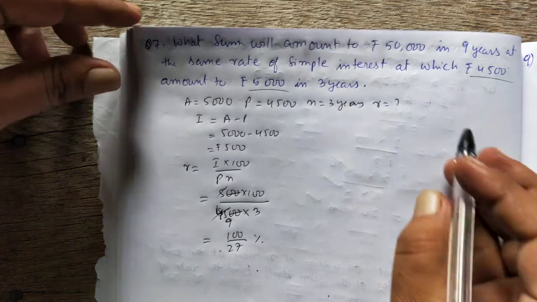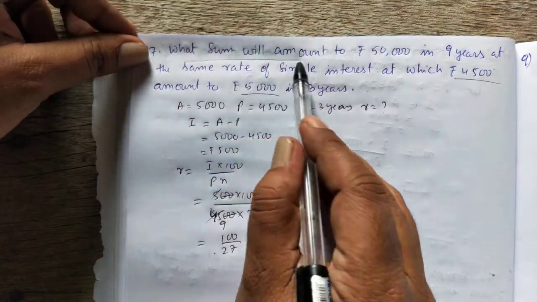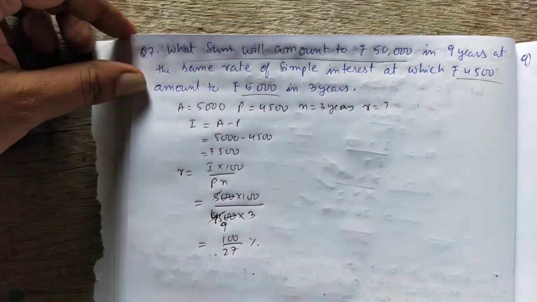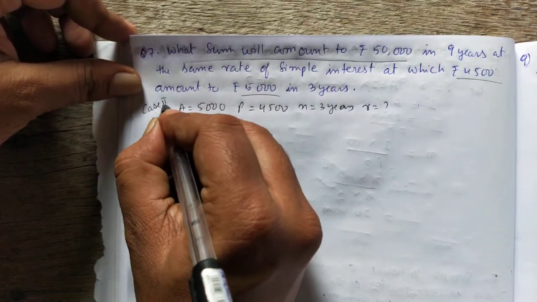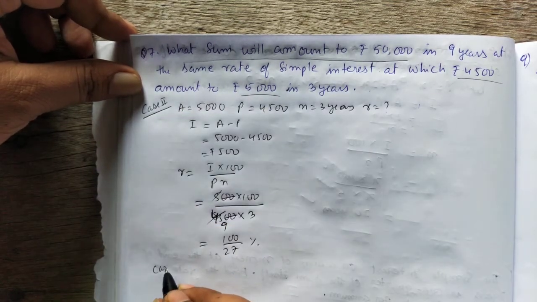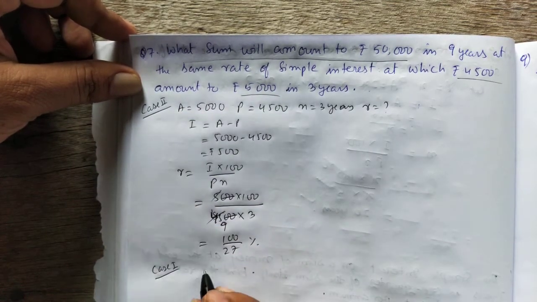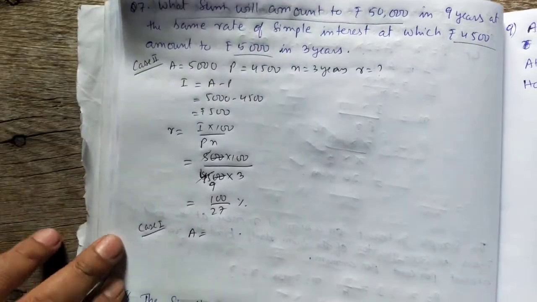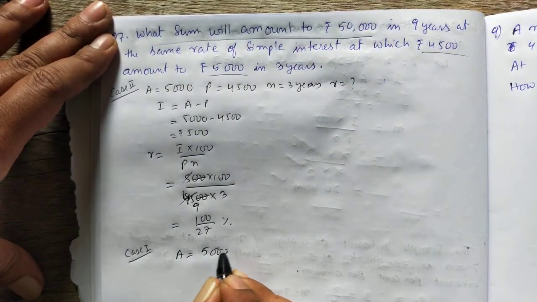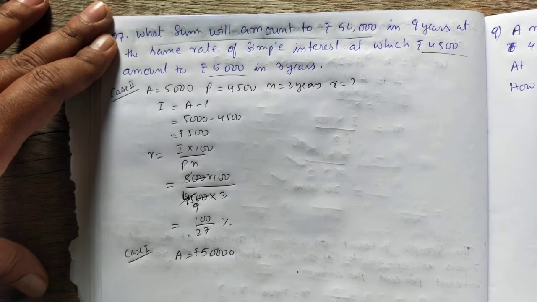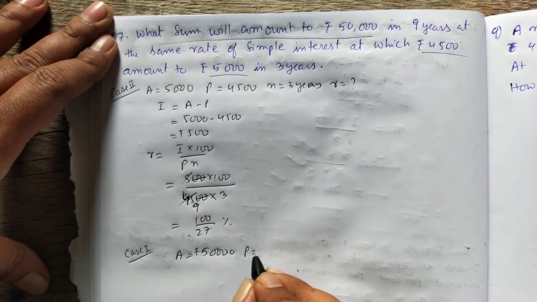Now second, so what sum will amount to rupees this much? This is second case. I have taken first and got the interest. Case 1, amount to rupees 50,000. P we don't know.